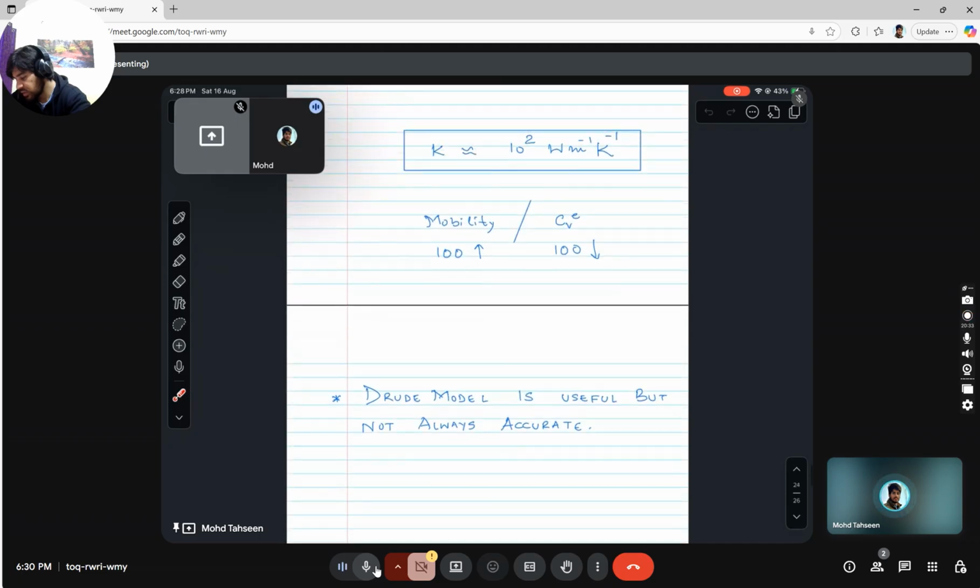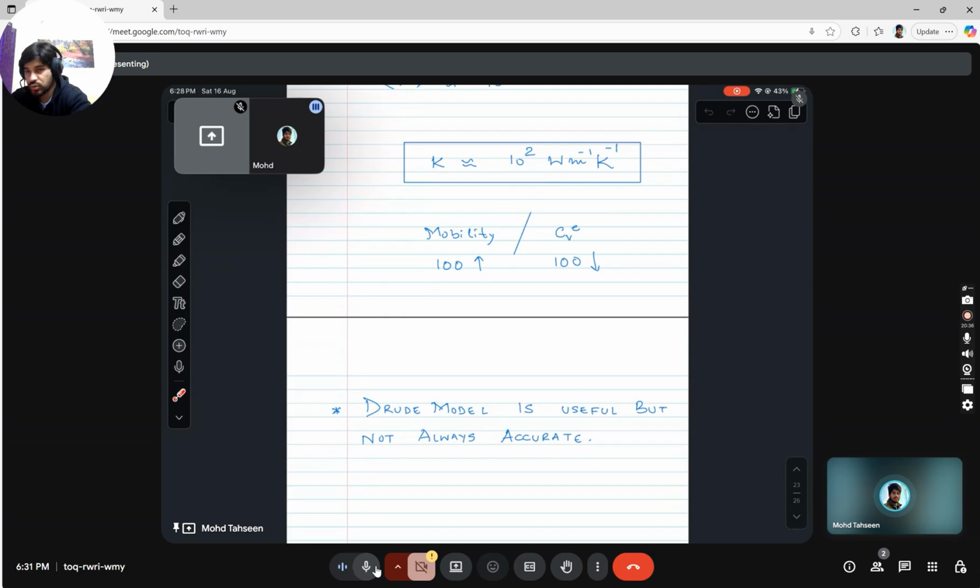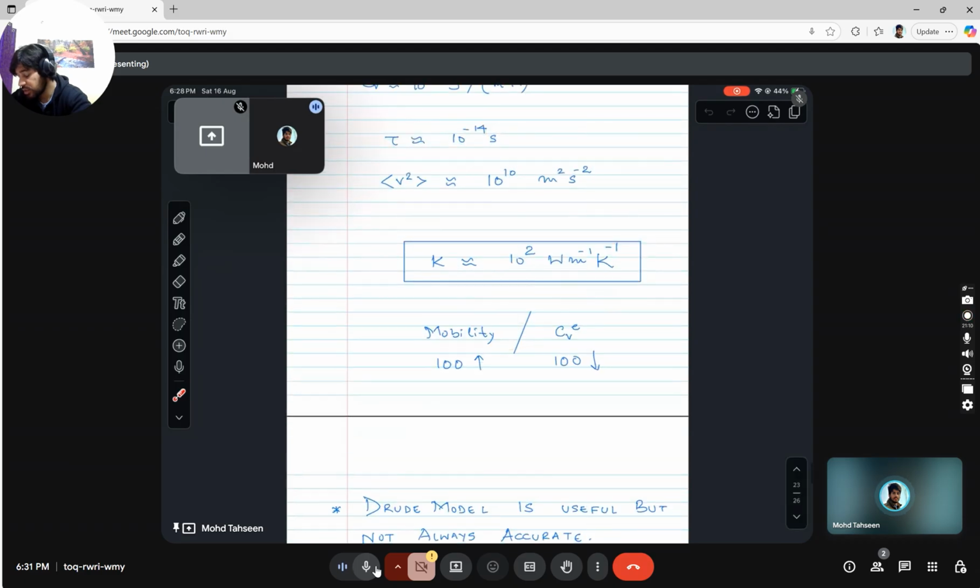The reason is that there's another factor called mobility, which gets overpredicted by the Drude model, and the order of overprediction, 10 to the power 2, is the same order of magnitude at which CVE is underpredicted. When we take a product of them, these two errors cancel, and it gives us a correct prediction for the order of magnitude of thermal conductivity.